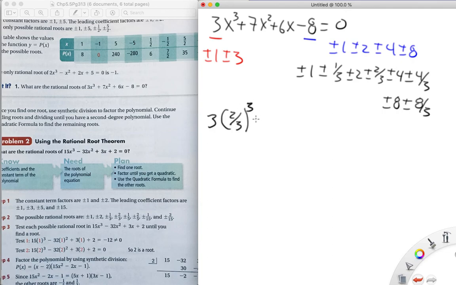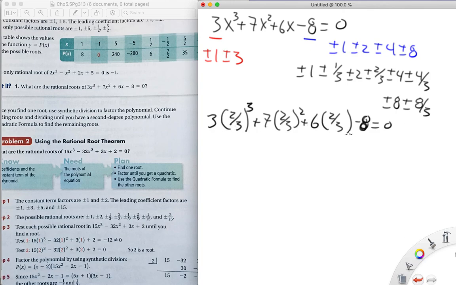So you would plug it into here: 7 times 2/3 squared plus 6 times 2/3 minus 8 equals 0. So that seems to fit.